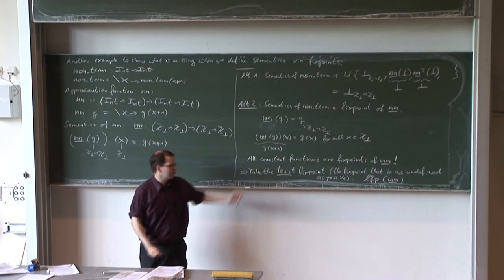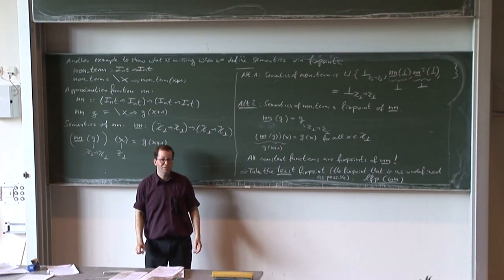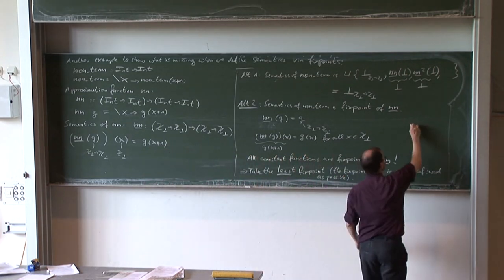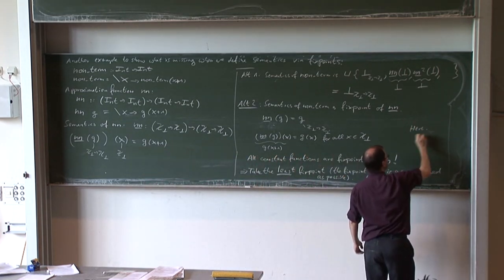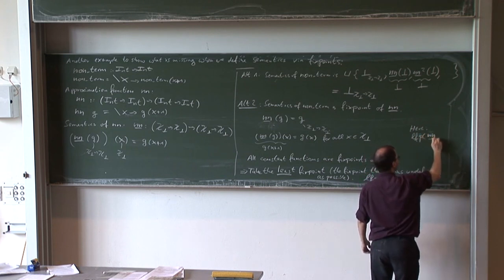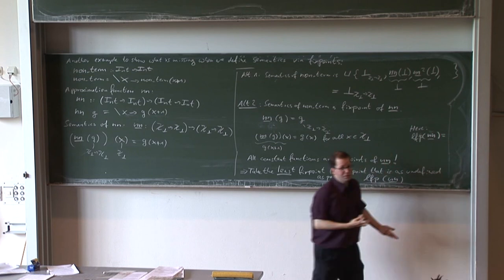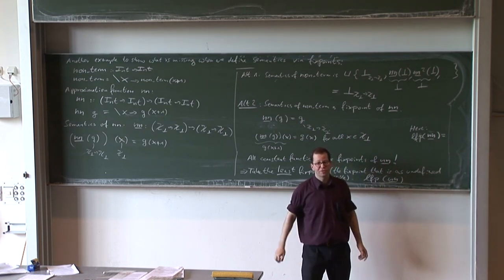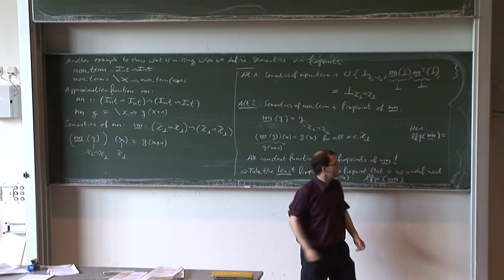Okay, and now what is the least fixed point in our example? All constant functions are fixed points. So here, the least fixed point of nn is also a constant function, but it should be less defined or equal than all other constant functions. And now there's just one solution.